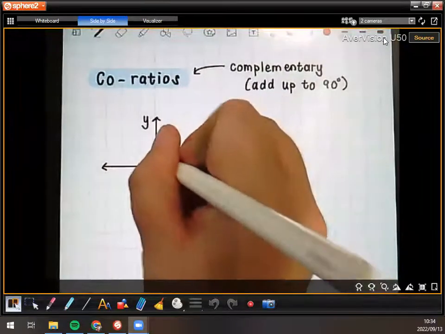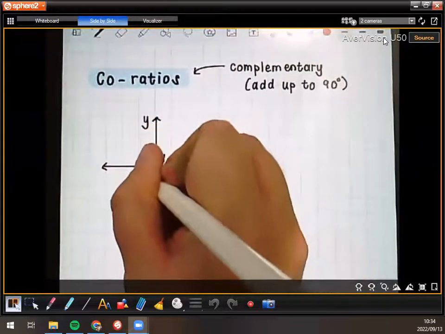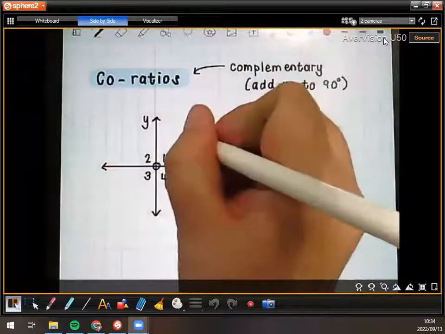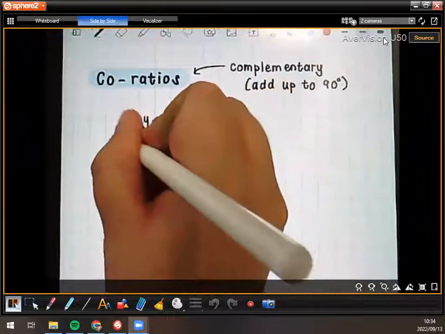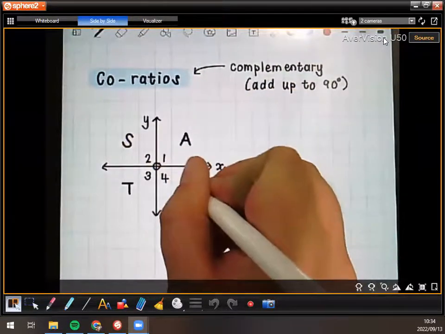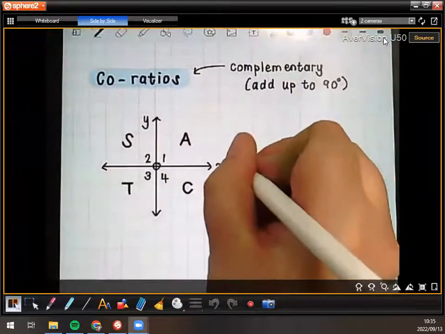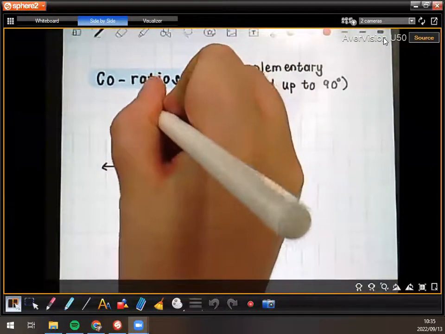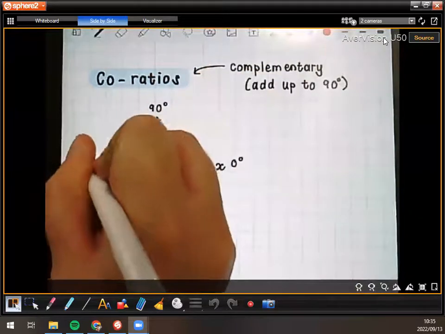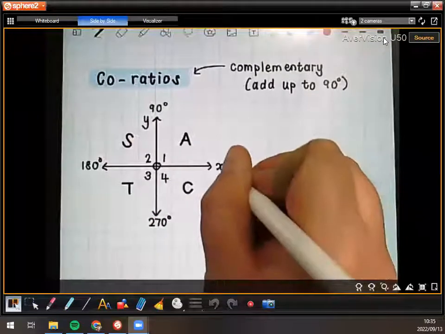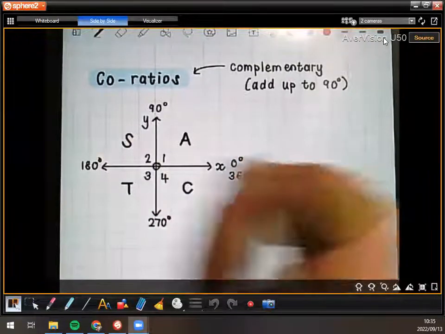I'm just going to put in my quadrants, 1, 2, 3, 4. Okay, now we say that this was 0 degrees, this was 90, this was 180, 270, and then 360 as well.